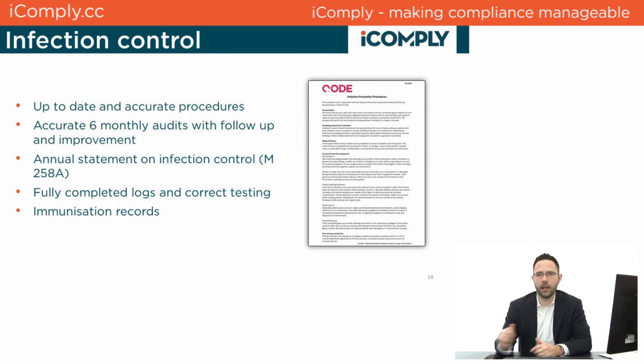Immunisation records. Again, this is on the health and safety webinar. We went into immunisations in quite a lot of depth, but just a basic one is proof of seroconversion. So hepatitis B, I'm sure most of you know this because we've got 160 quite compliant practices in the room, but proof of injection for immunisation for hepatitis B is not proof of immunity.